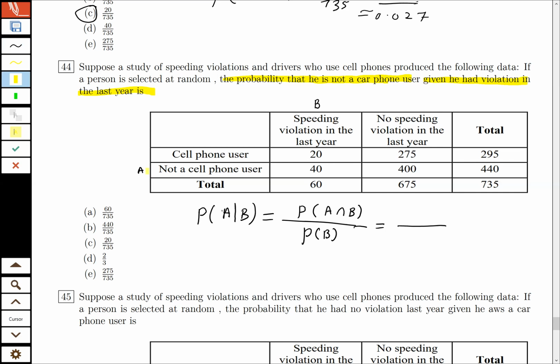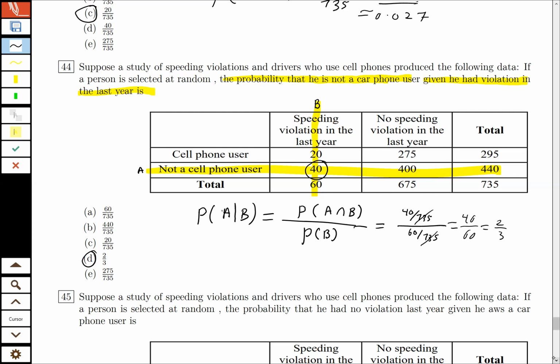A and B means this is A and that is B. So A and B means 40 over 735. What is the probability of B? It's 60 over 735. We cancel out these two, we get 40 out of 60, which is 2 over 3. So the answer is 2 over 3.